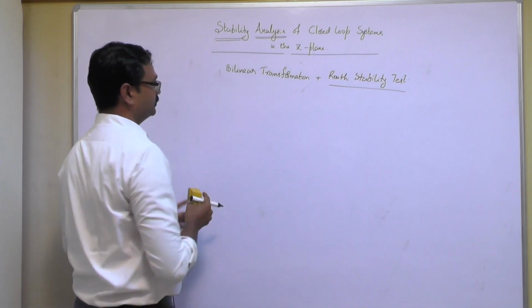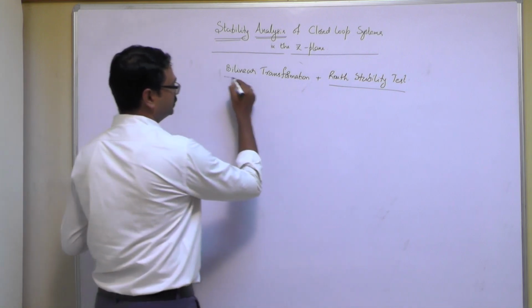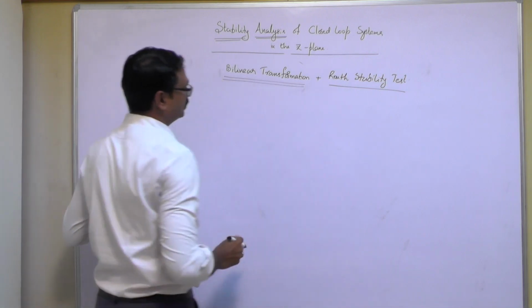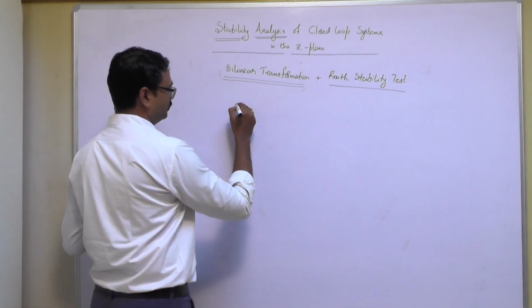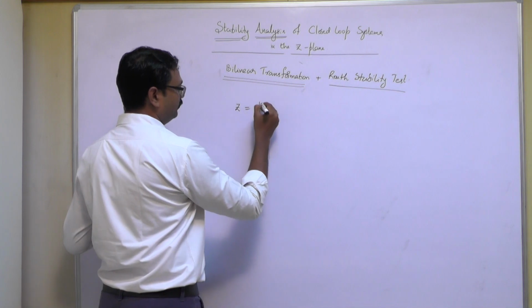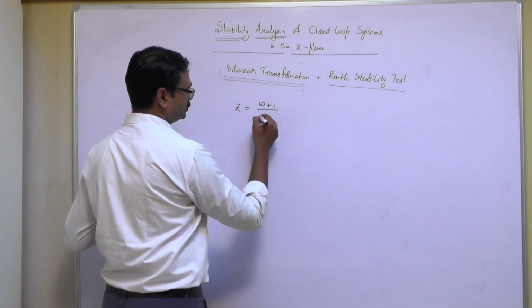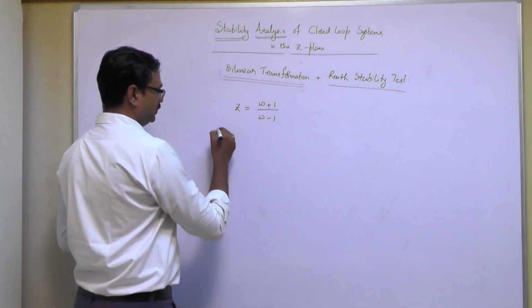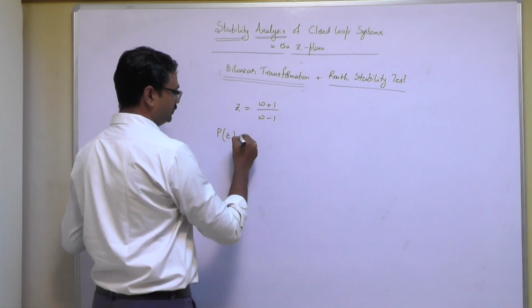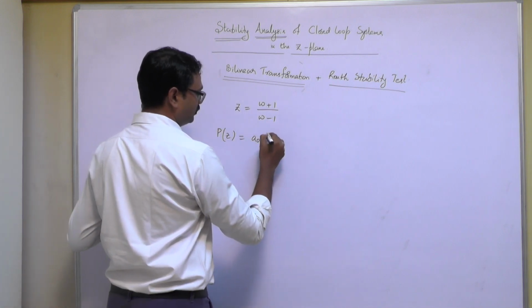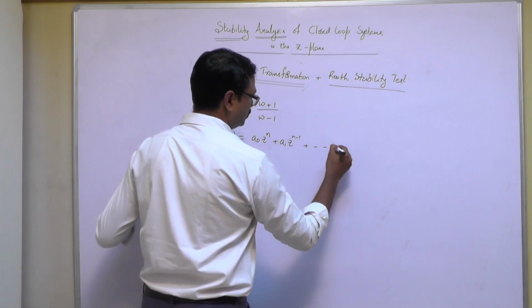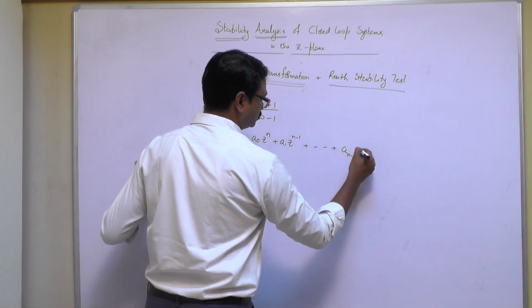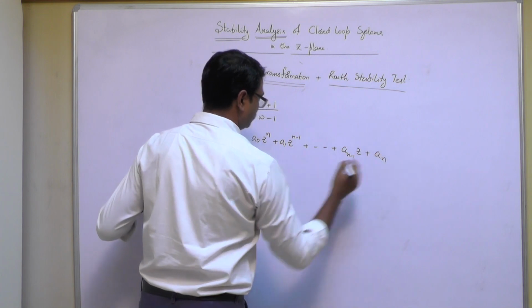For example, in this bilinear transformation, what are we trying to do? We are replacing z with (w + 1)/(w - 1). And P(z) is a0 z^n + a1 z^(n-1) + ... + a(n-1) z + an.